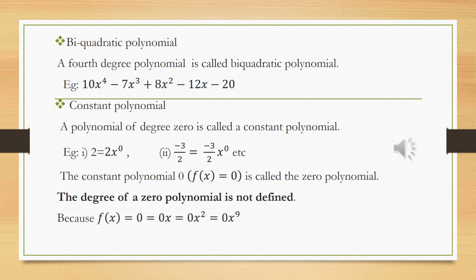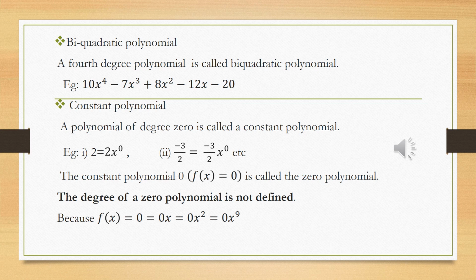Constant polynomial. A polynomial of degree 0 is called a constant polynomial. Let us take the number 2. We can write the number 2 as 2 into x raised to 0, because anything raised to 0 is always 1. That means 2 into x raised to 0 is equal to 2 into 1, which is also equal to 2.